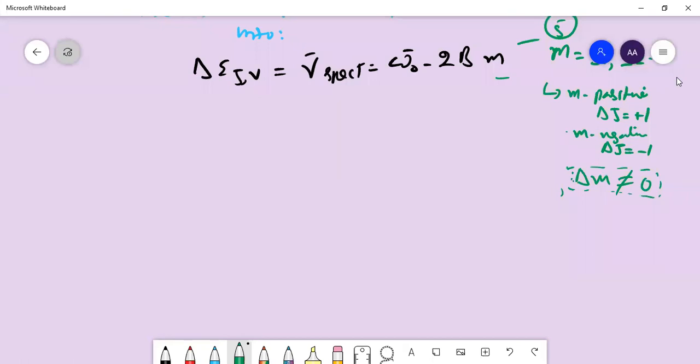And our omega naught bar, we have substituted omega minus 2 omega xe with omega naught bar, and this omega naught bar is usually called the band origin or band center.